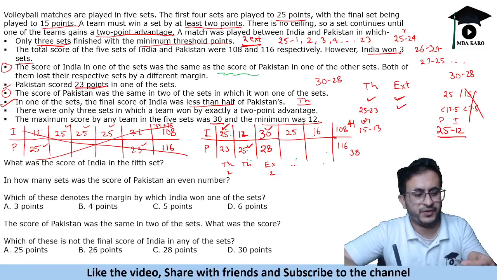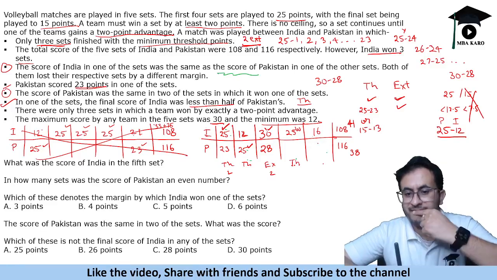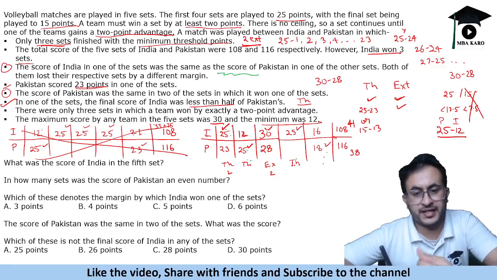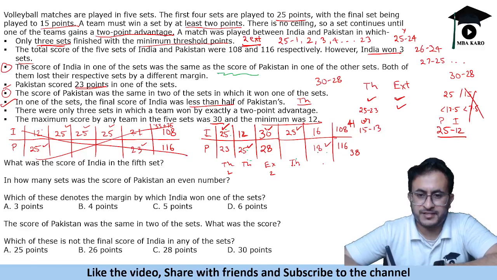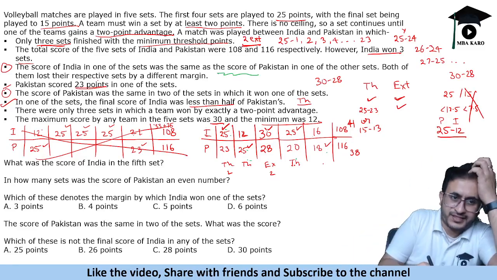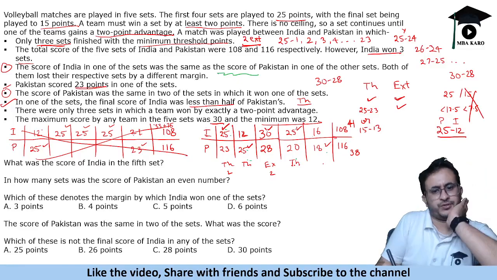Because if India makes 25 and it's a threshold match, India will win, and India has to make 16 here, okay, and lose, then Pakistan should make 18 to win, because if India is winning, then Pakistan should win the last match, okay, and then it will be 16 and 18, okay. Pakistan wins this match, so Pakistan should be 20. Now let's check out for these conditions. Pakistan scored same in 2 matches, that is not happening, so this is also not possible.